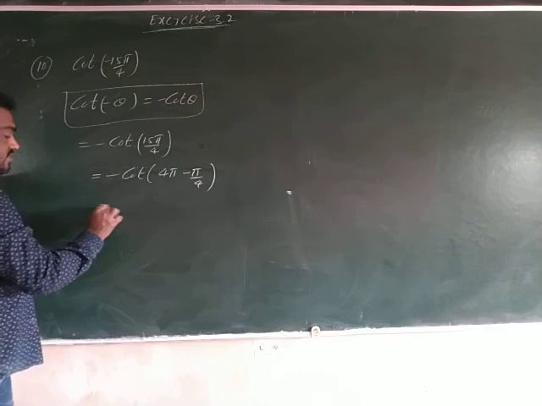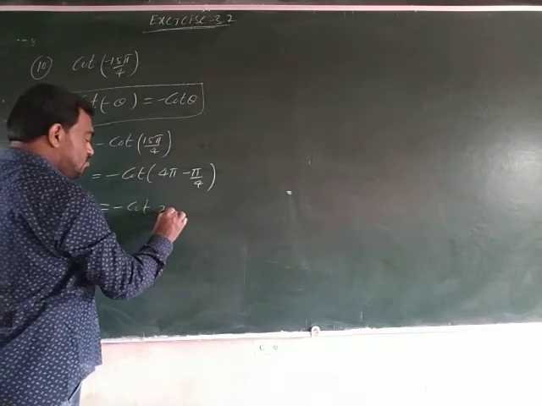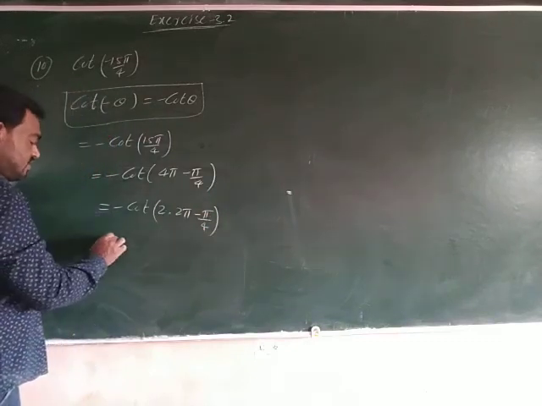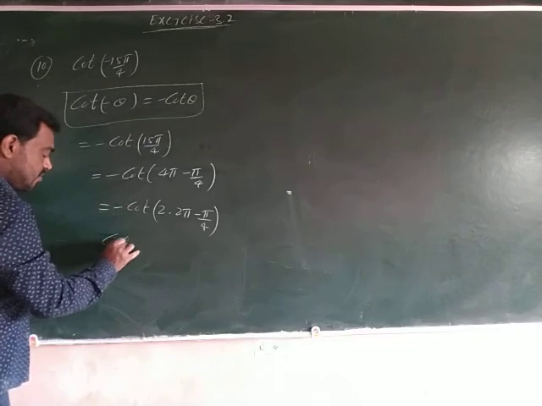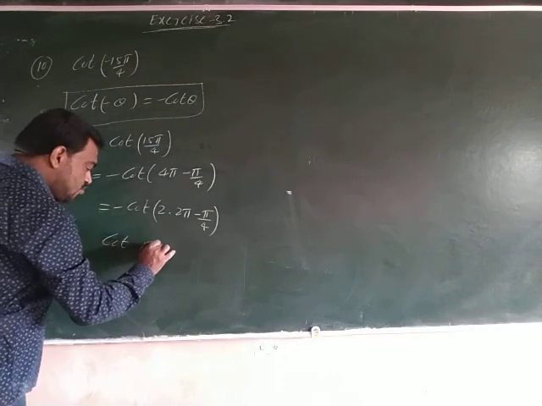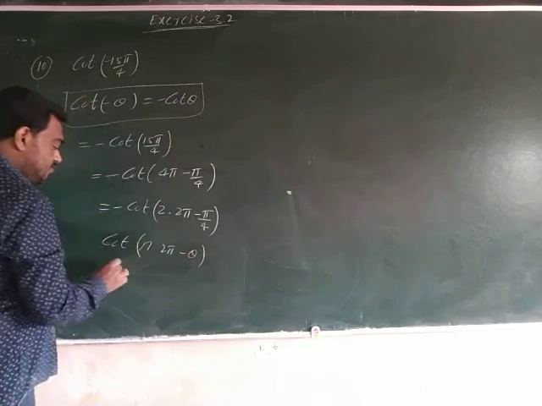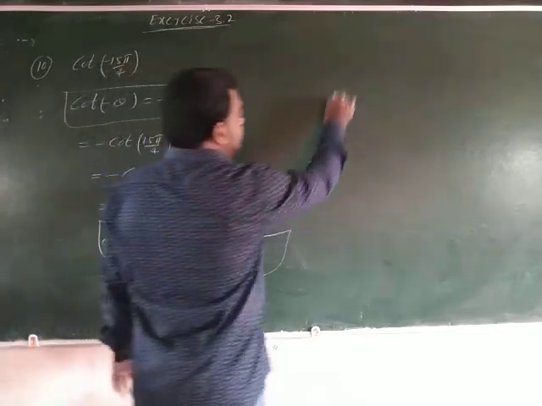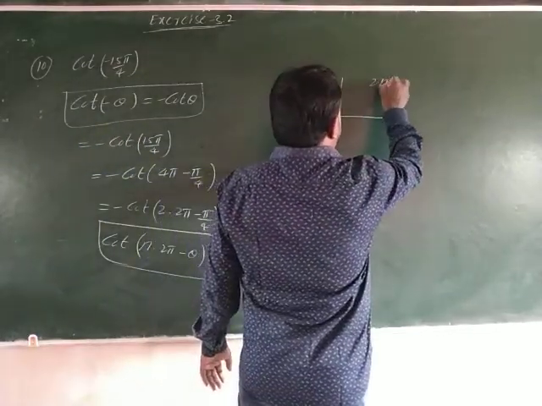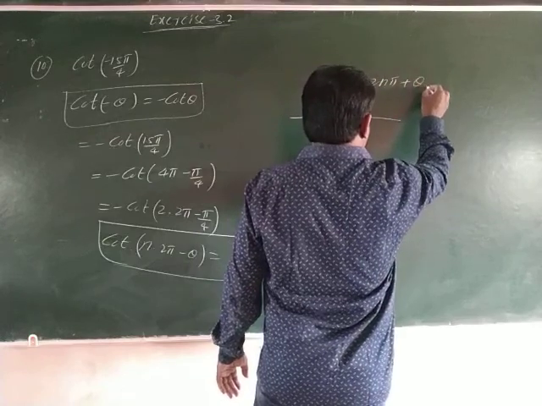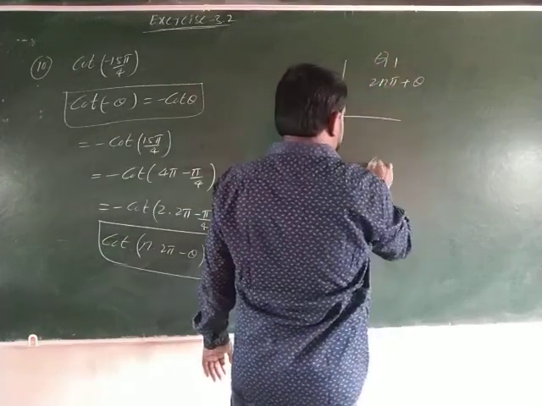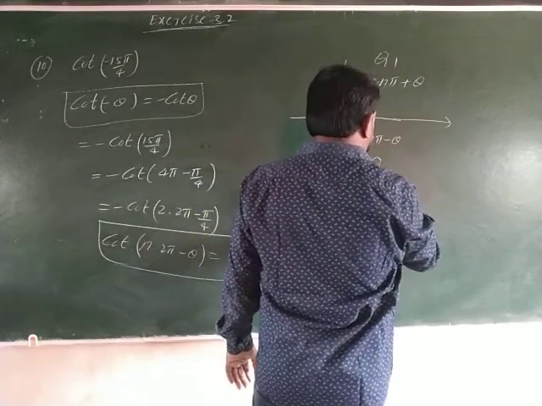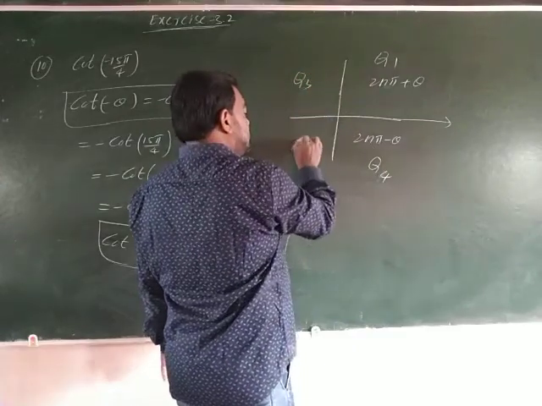Next, this is equal to minus cot of 2 into 2 pi minus pi by 4. It is in the form of cot of n into 2 pi, or 2n pi minus theta. What I told: 2n pi plus theta lies in the first quadrant, and 2n pi minus theta lies in the fourth quadrant, right?